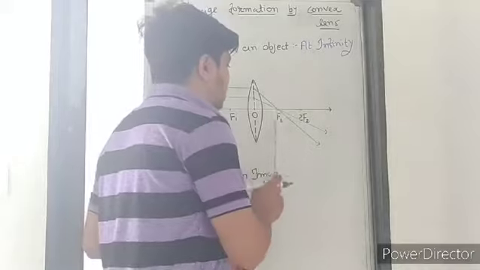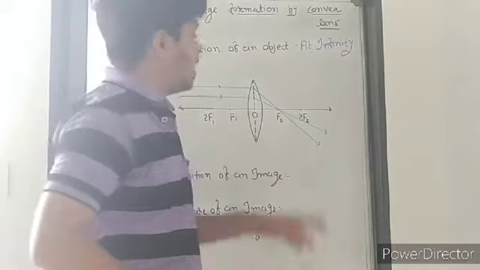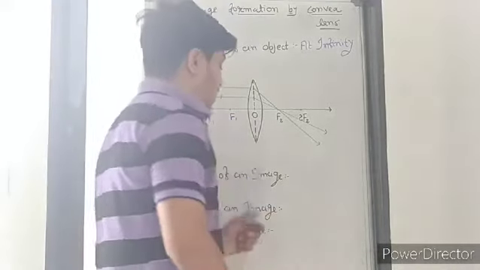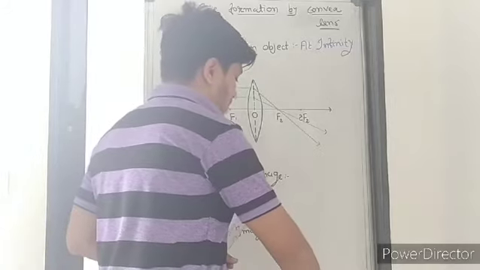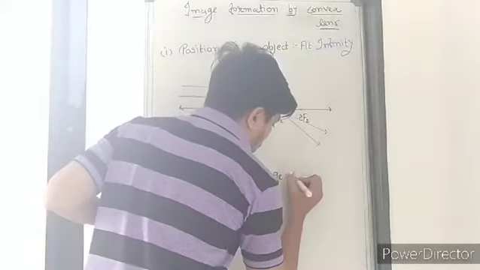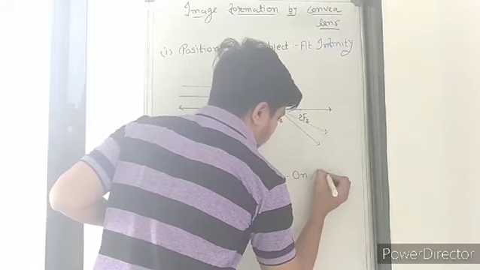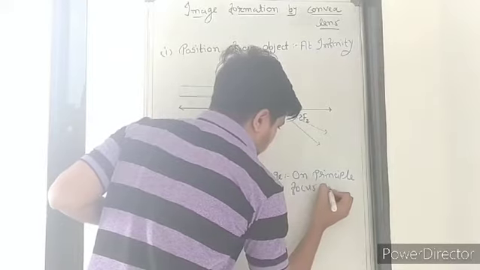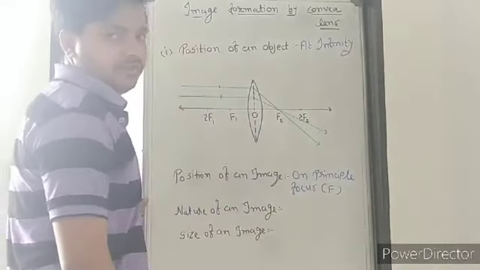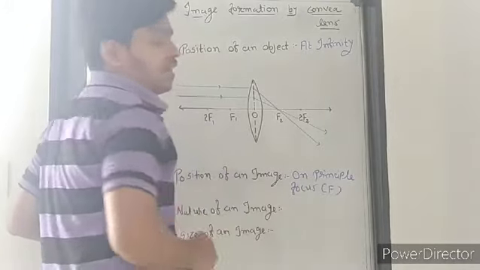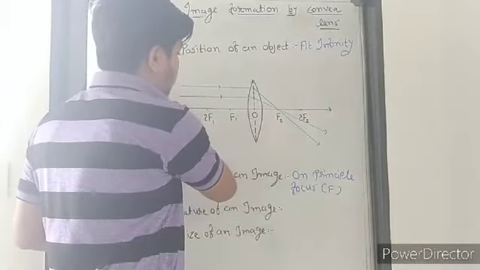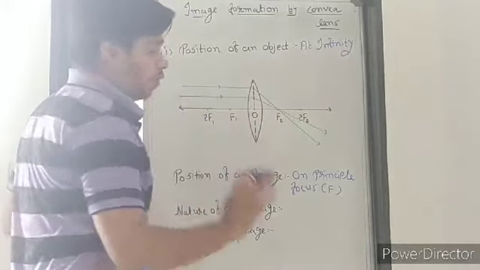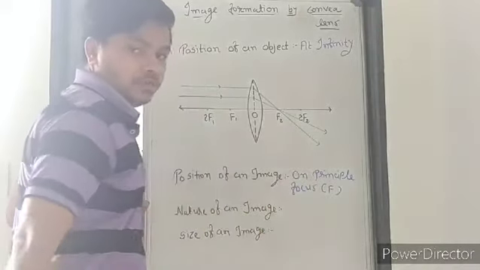So according to it, this image is formed at F2, where the two rays meet. So the position of the image is at the principal focus F. I am not writing F2 or F1 here because if the object is on this side, you get it on F2, and on the other side, you get F1. So we are just taking it as principal focus F.